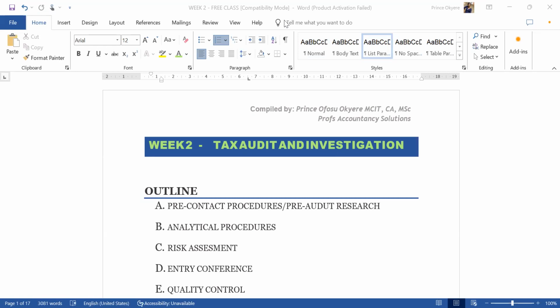Yes. So normally, what GRA does is they send a planning letter to the taxpayer informing them about an audit. The one serving the letter would normally be one of the team members.